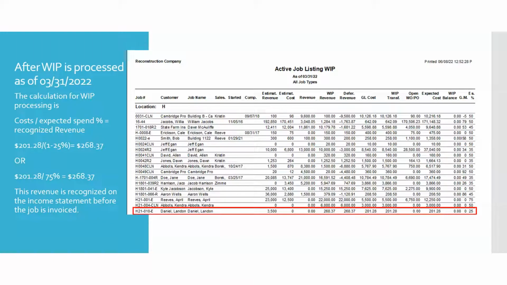Another example of this is $201.28 divided by 1 minus 25% equals $268.37. Or another way to look at this is $201.28 divided by 75%, which is your expected spend, equals $268.37. This revenue is recognized on the income statement before the job is invoiced.